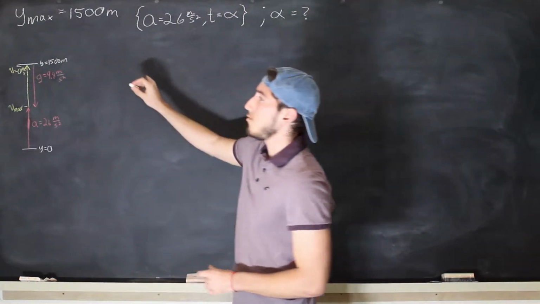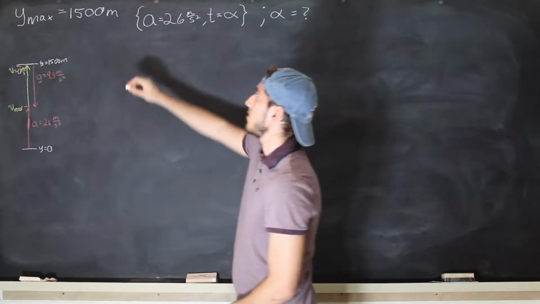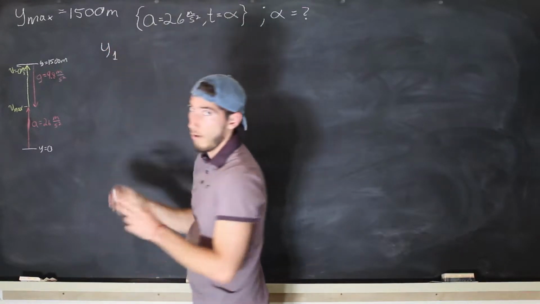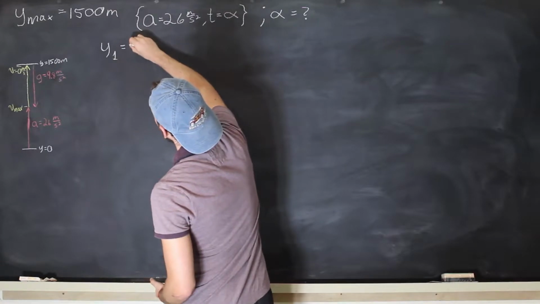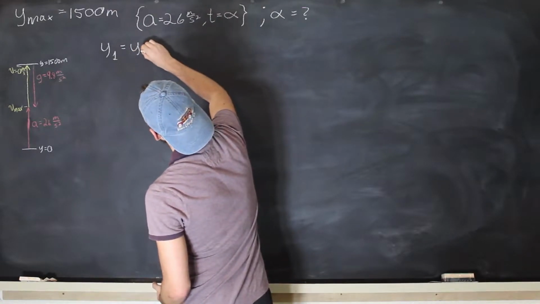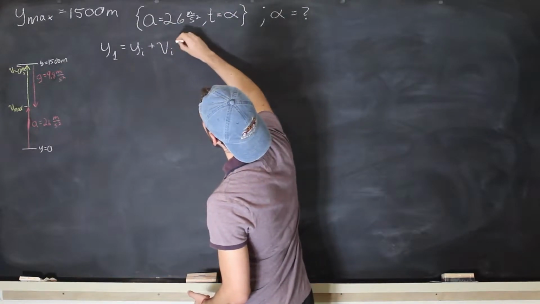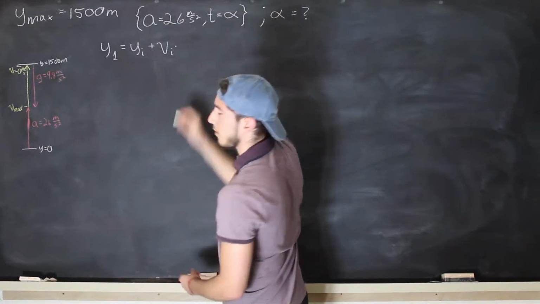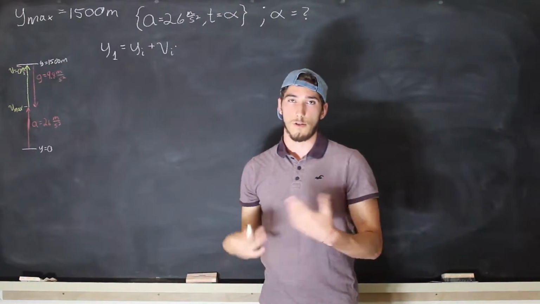So we're going to use the one that involves time, distance, and velocity. So we have our y1, or y final in the phase 1, is equal to y initial plus velocity initial times change in time. But remember, since we're starting time at 0, t final minus 0 is just t final.